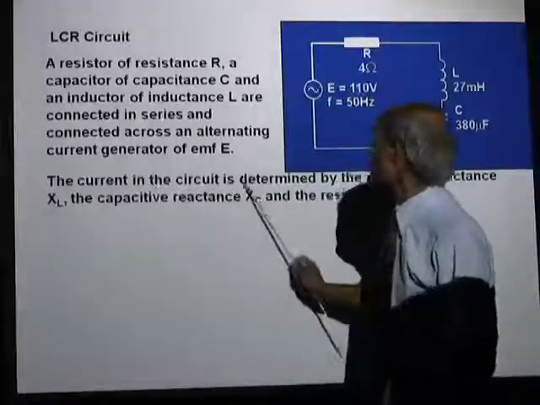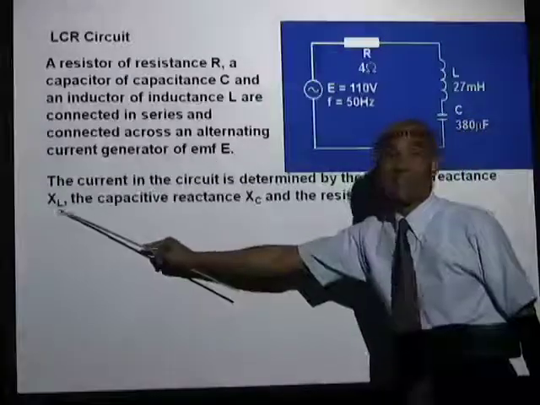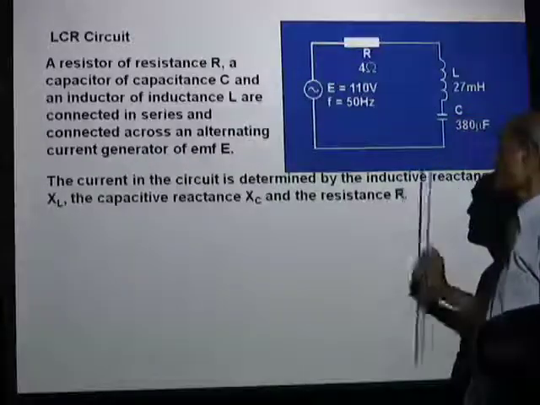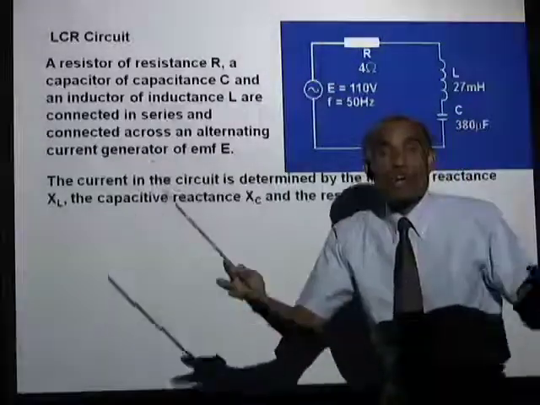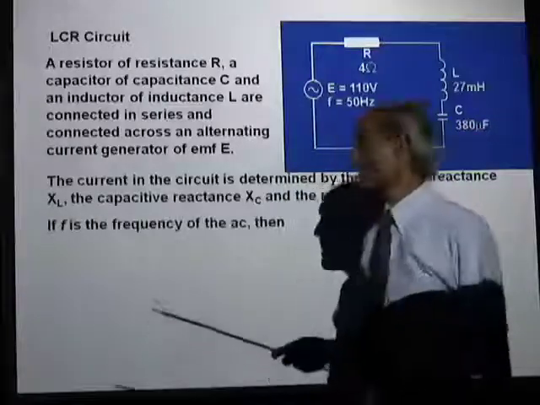The current in the circuit is determined by the inductive reactance XL, the capacitive reactance XC, and the resistance R. So it's a combination of all these three that is going to determine the total current.